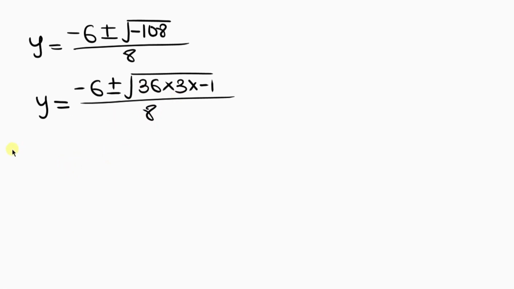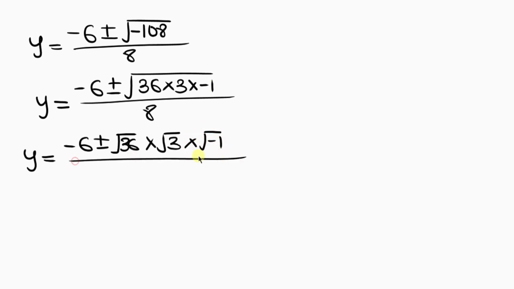And now simplifying further, I'll be splitting this. So we have y equal to negative 6 plus or minus the square root of 36. Remember, I'm splitting, times the square root of 3, and then times the square root of negative 1. All over the denominator 8.